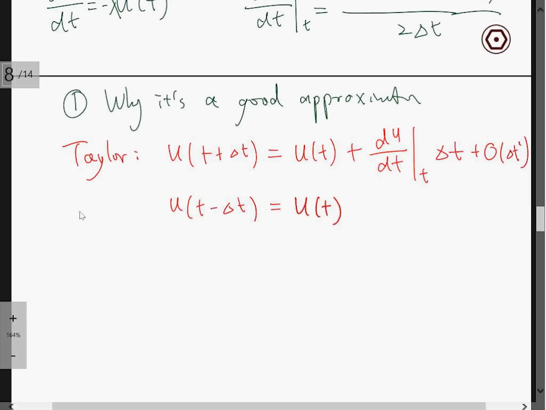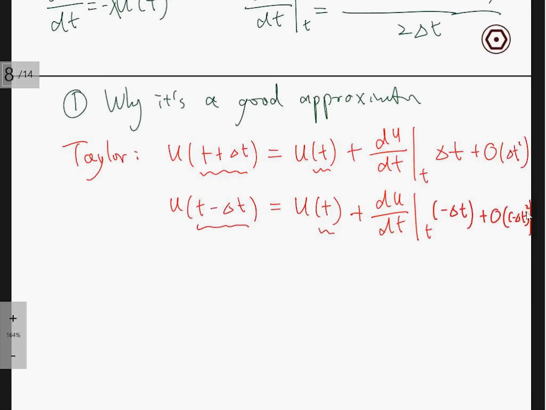In here, the distance between this variable and this variable is delta t. Here, the distance is minus delta t. Therefore, all the values and derivatives are the same, except here I put minus delta t. And the O term should be minus delta t to the cube, but does it matter?